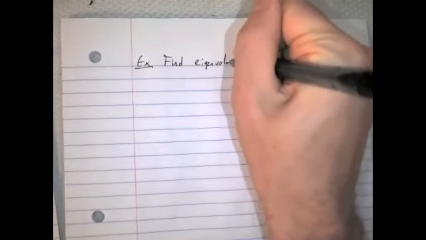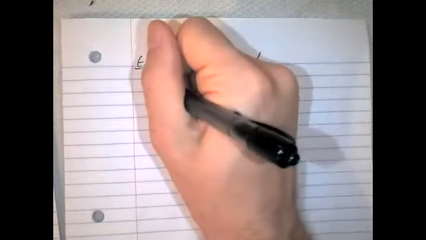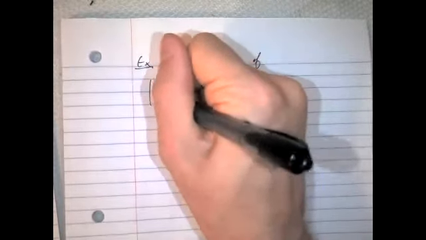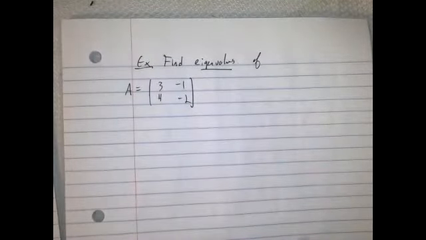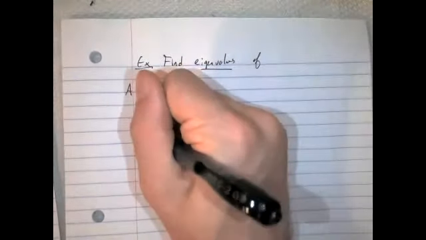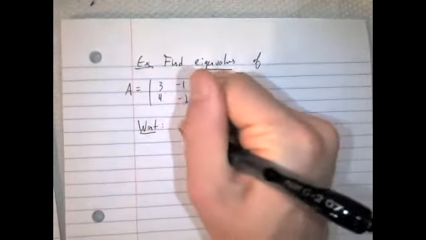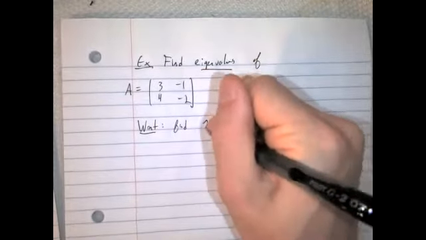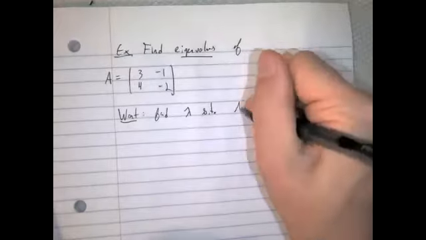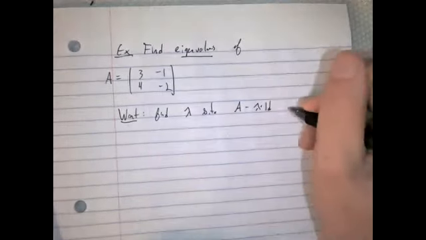So let's do some examples. Find the eigenvalues of this matrix: 3, -1, 4, -2. So this is A. What I want is to find lambda such that A minus lambda times identity is singular.